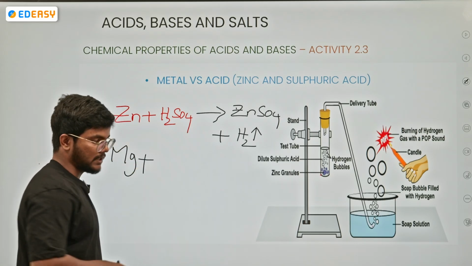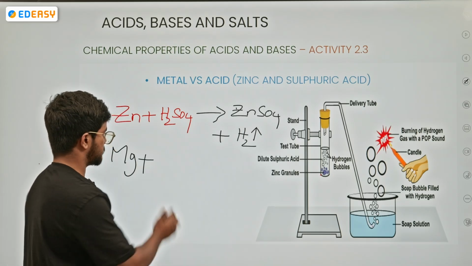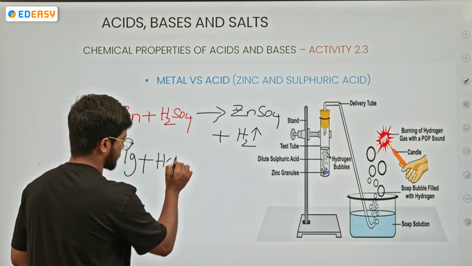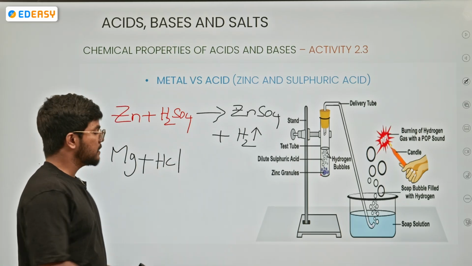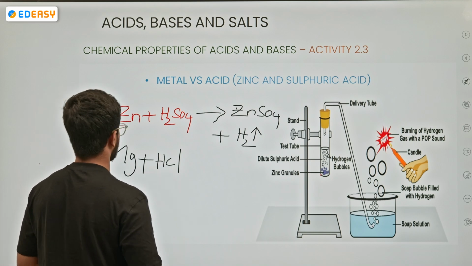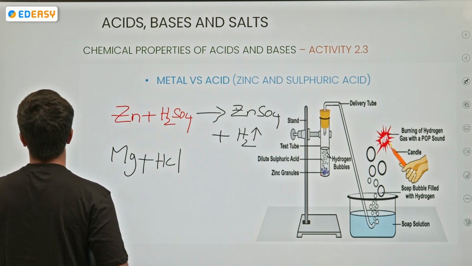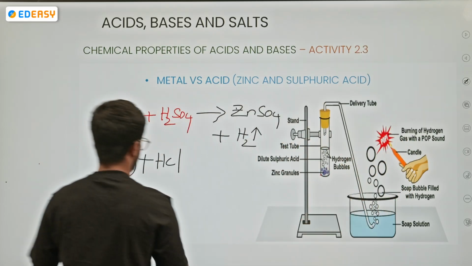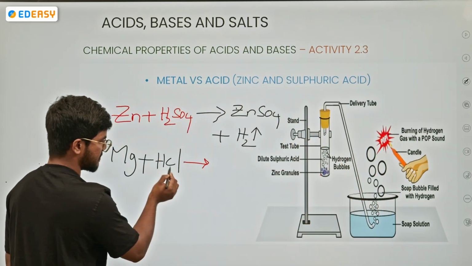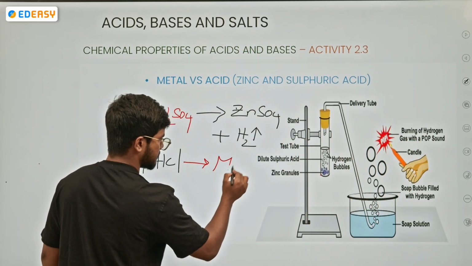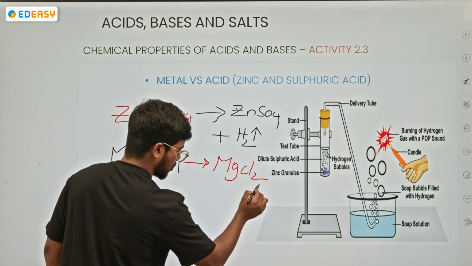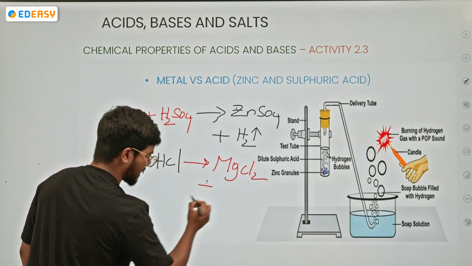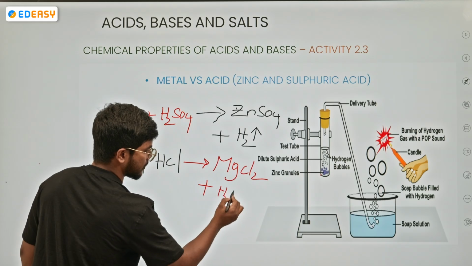When it reacts with any acid, let me take HCl as an example, magnesium reacting with HCl gives MgCl2, magnesium chloride, plus H2, hydrogen gas.